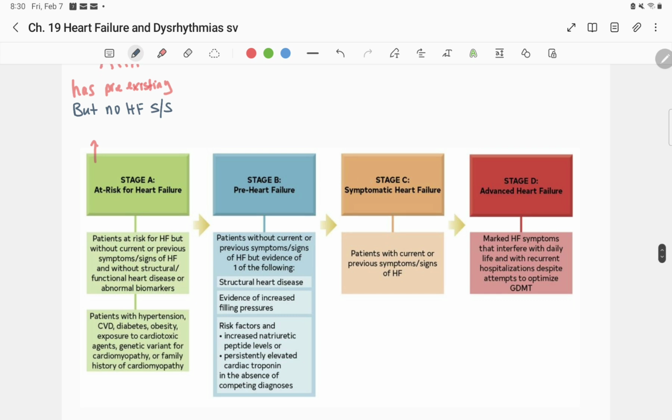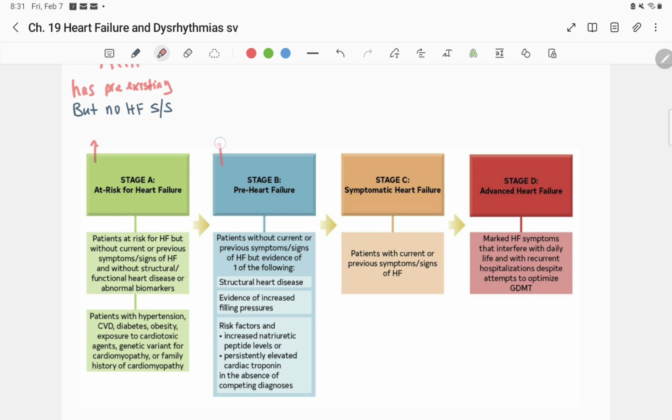So for example, they have hypertension, they have diabetes, they are obese, they have some sort of genetic issue with the heart. So they have the pre-existing condition, but no signs and symptoms yet. They're just at risk for heart failure. So that would be stage A.